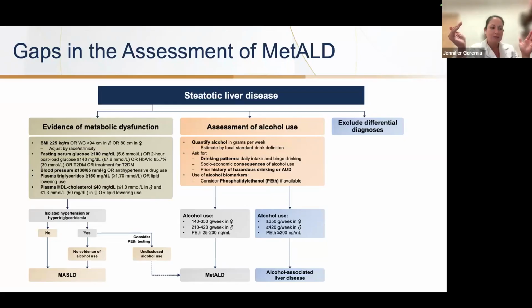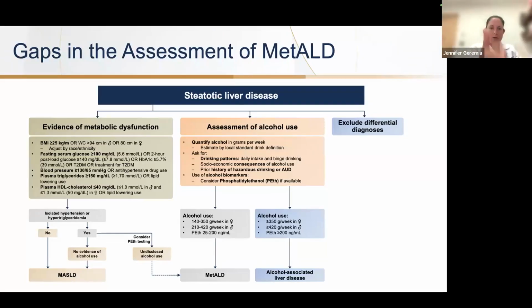So PEth testing basically is going to be around for 28 days. We'll look at a slide of that a little bit later, but just to give you the range, anything basically under 35 is considered low to no use. Anything between like 35 and 200 is moderate, and then above 200 is excessive alcohol use, just to give you some framework.